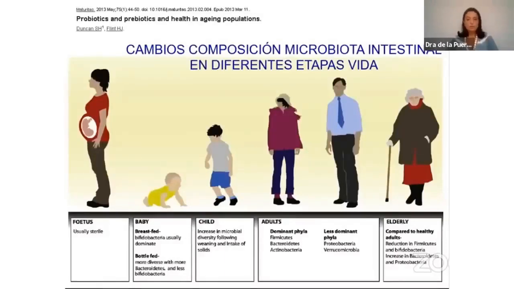Regarding the composition of the intestinal microbiota, it varies throughout life, but not by much. Here it says practically sterile, but now we know that this is not the case. We have microorganisms, especially lactobacillus, in the placenta, in amniotic fluid, even intrauterine.